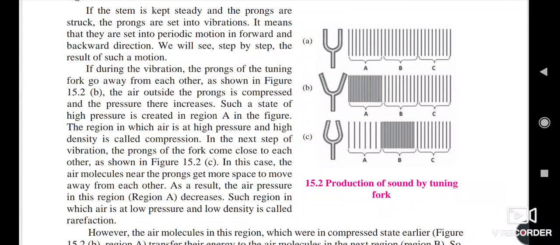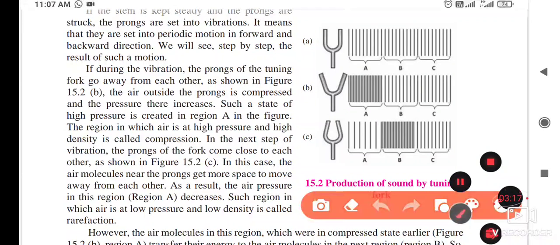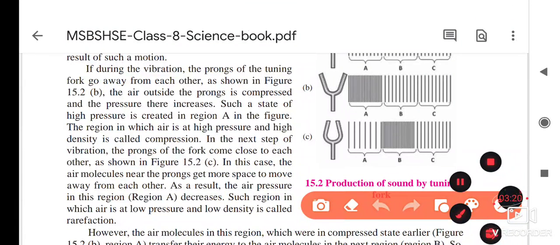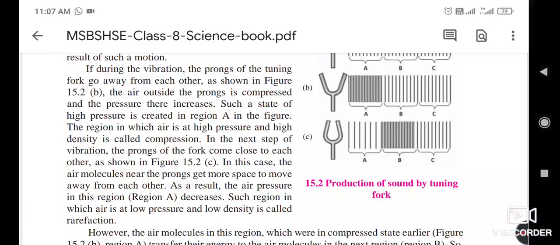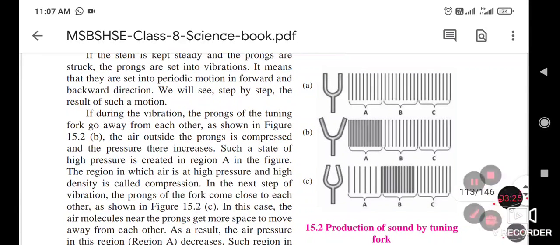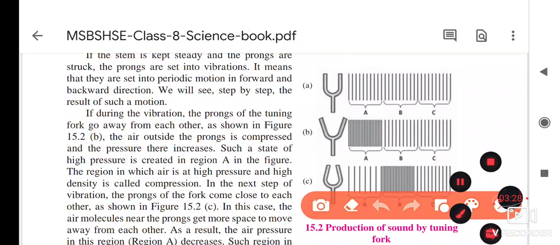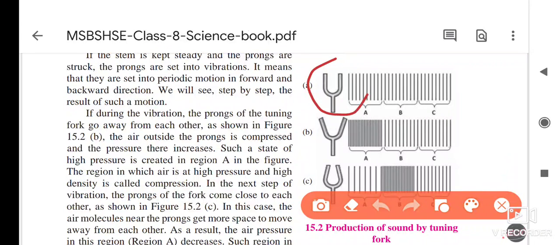If during the vibrations the prongs of the tuning fork go away from each other, as shown in figure B, so here these two prongs are parallel to each other, but in figure B they are going away from each other.